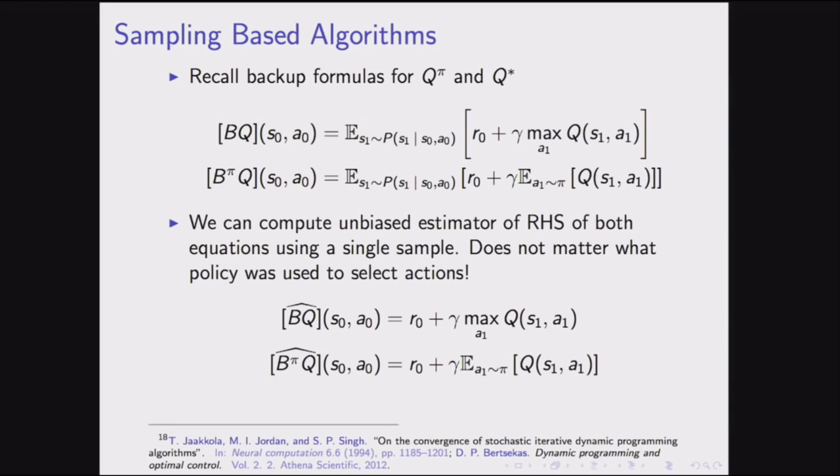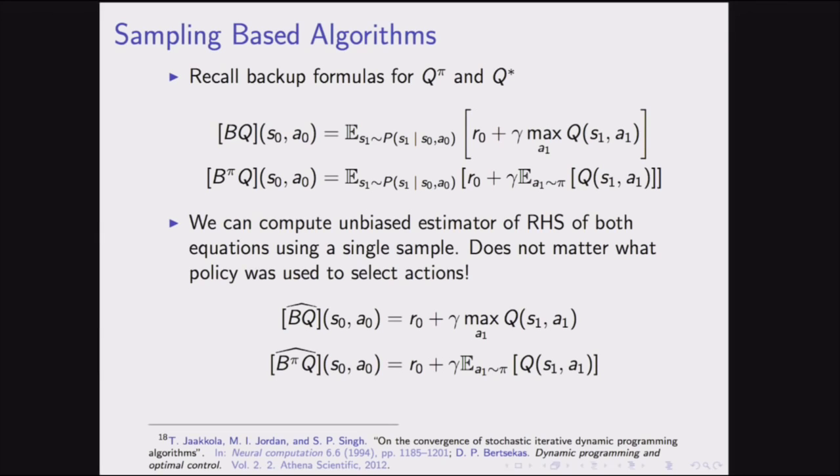Meaning, if we sampled some data from our system using any old policy, then we can get an unbiased estimator of the quantity inside the expectations.